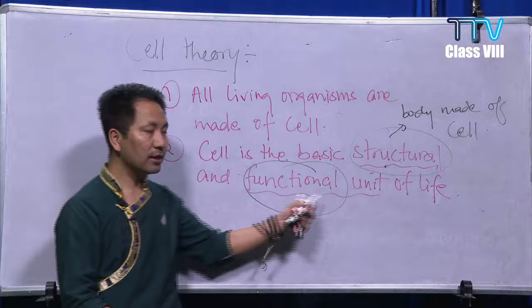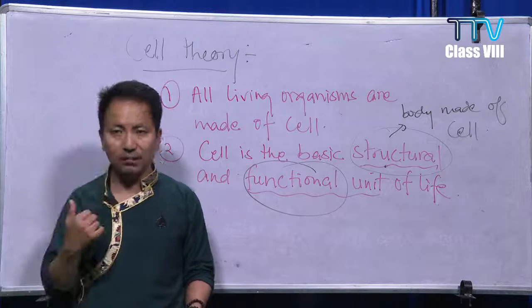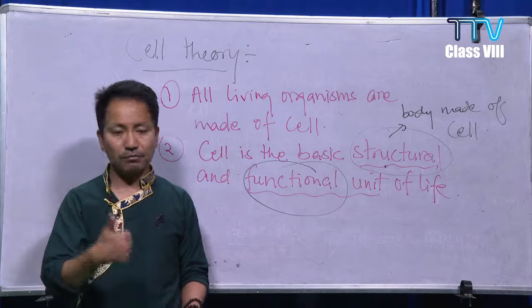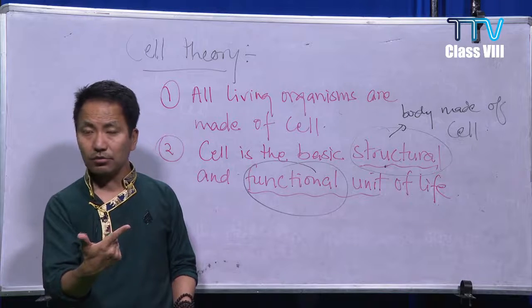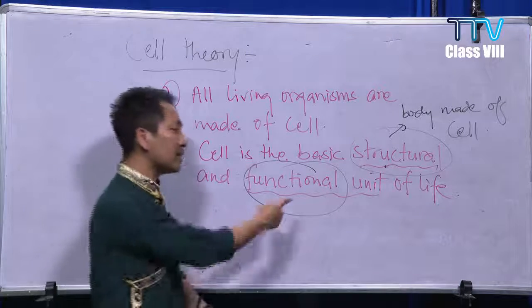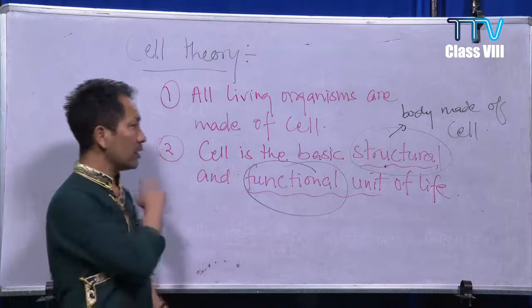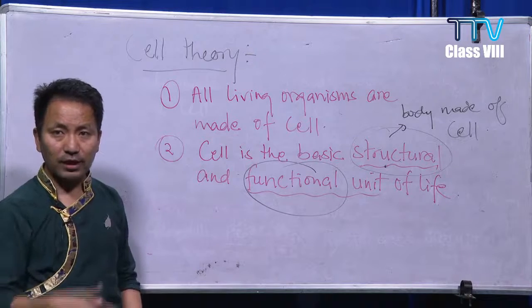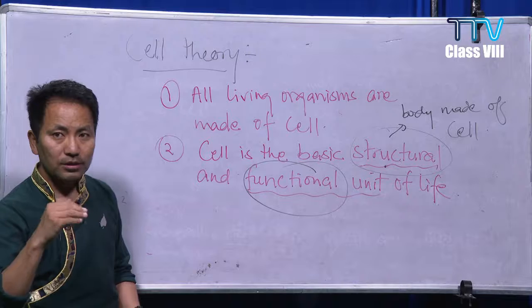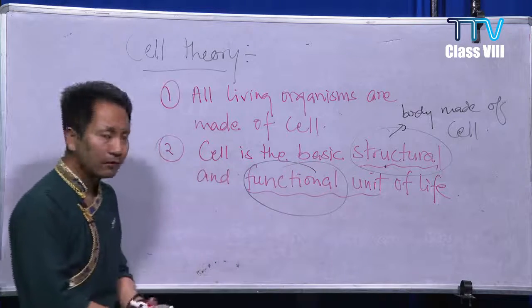So that's why it is called the functional unit. Be it physiological function, be it the biochemistry function, be it the genetic function, all these functions are being performed by the cell. That's why the cell is called functional unit. Cell is the basic structure and functional unit. So that's why cell is called the basic structural unit and functional unit of life.